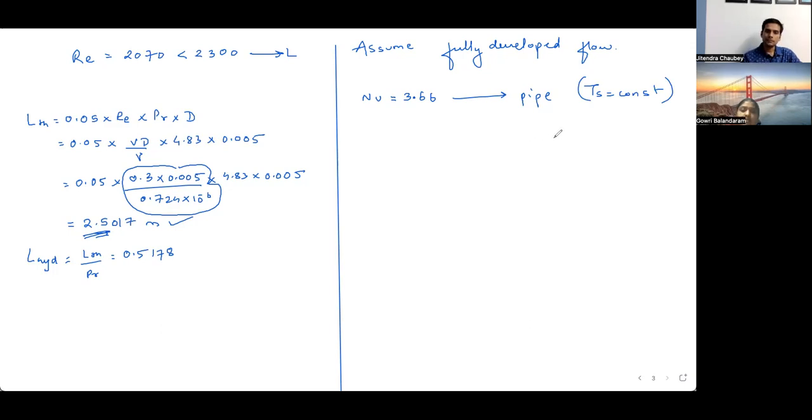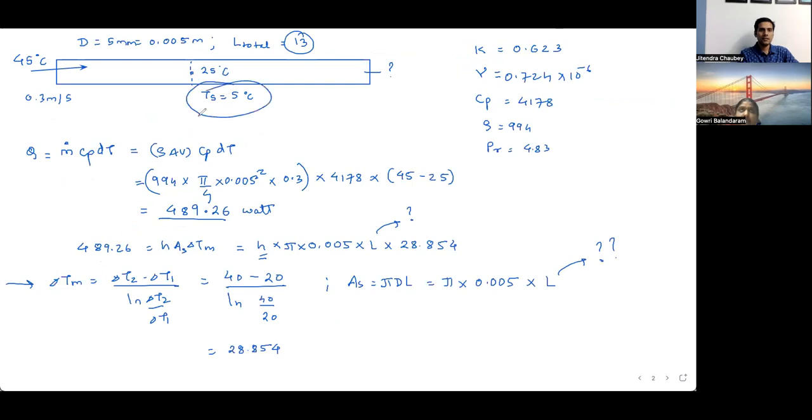What do they mean by Q constant? Constant heat flux. If the question says constant heat flux is maintained; in this case, they have said the surface temperature is maintained at 5 degrees Celsius. Constant heat flux means at every instant, the same amount of heat is entering the tube.